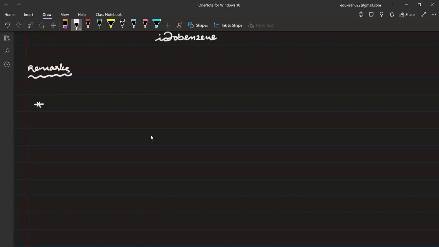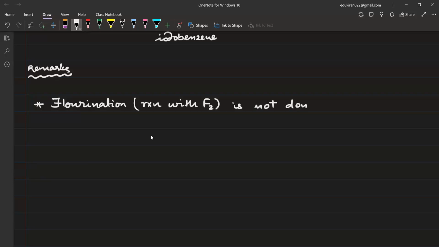Fluorination, meaning reaction with F2, is not done in the preparation of fluoroalkanes, because F2 is highly reactive.